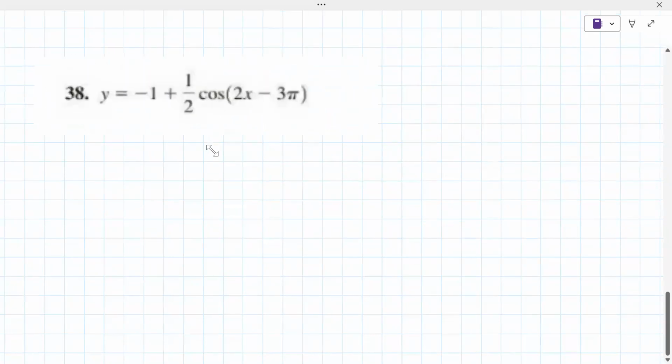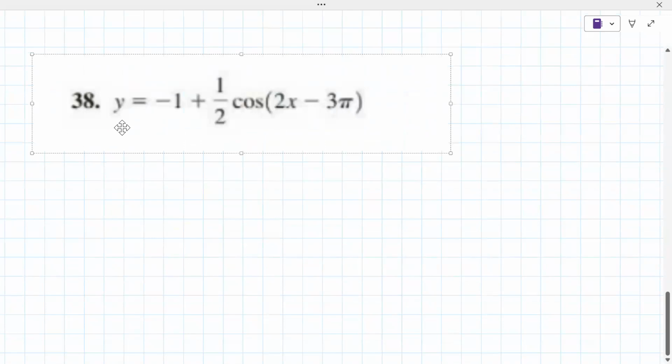I might make a small adjustment, because fractions are such a pain to deal with for the amplitude. If you're okay, I'd like to change this to a 2 or something. Is that okay? Is this a homework problem? Okay, I'll do that.